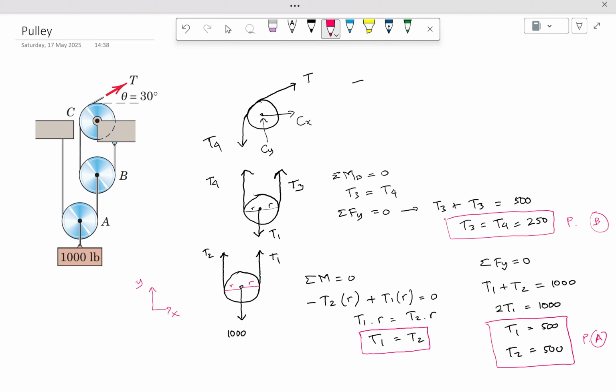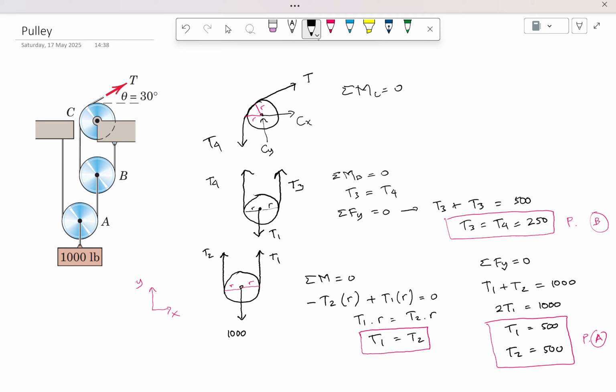if you see here, it's R, and this also creates R. So if you take sigma moment at the center of C equals 0, CY and CX will not generate any moment.